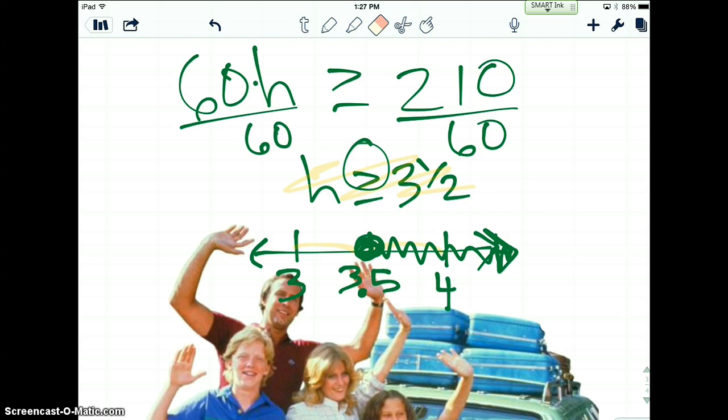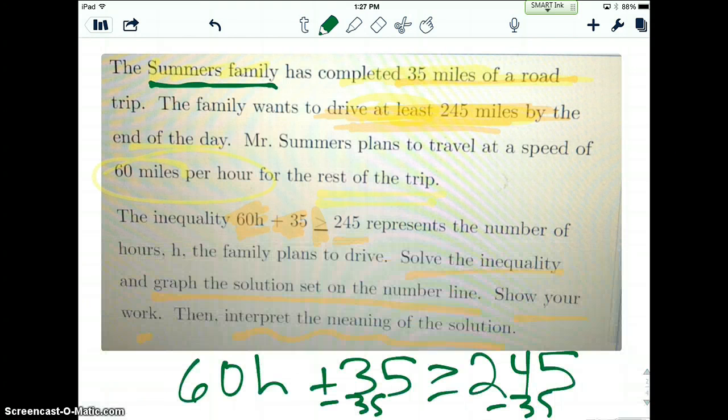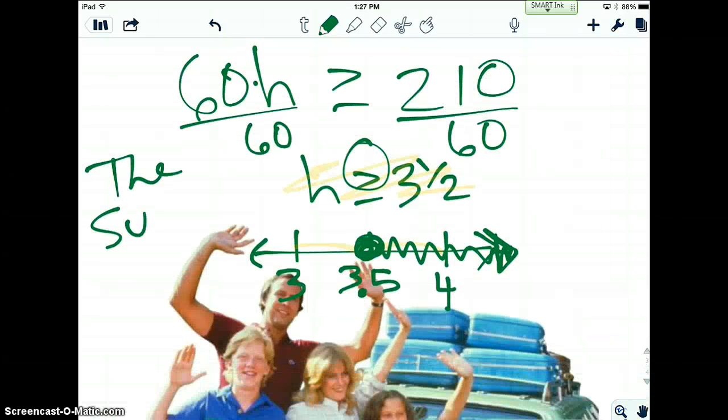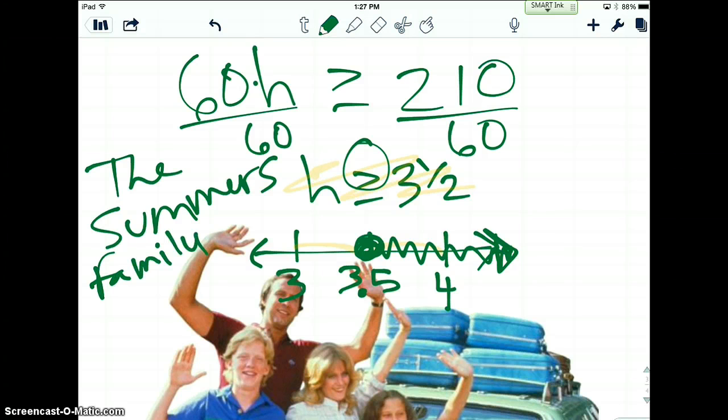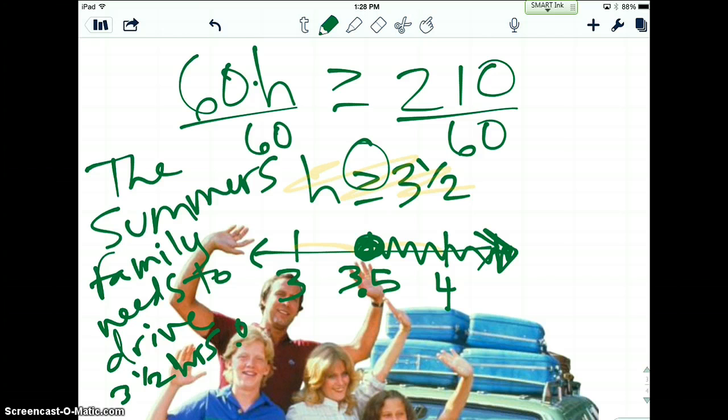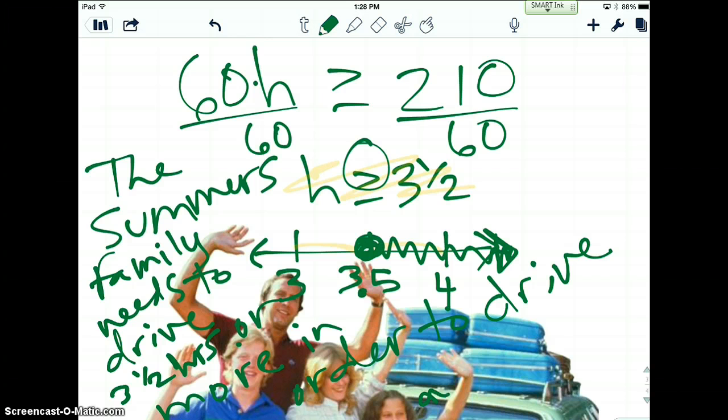Now, can you interpret this solution? How would you write this out in words? Well, I'd probably say the Summers family. Is that the name of this family? Yep, the Summers family needs to drive 3.5 hours or more in order to drive at least, what was that number?